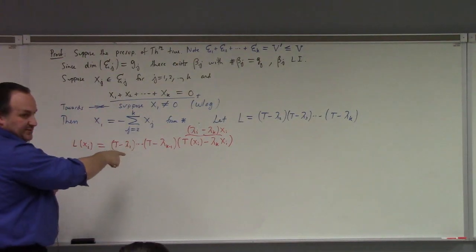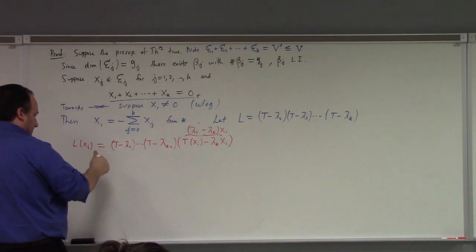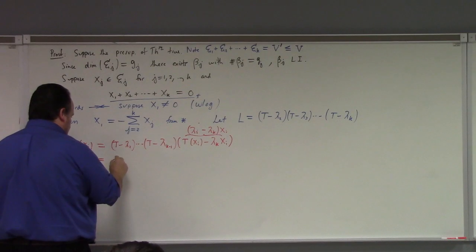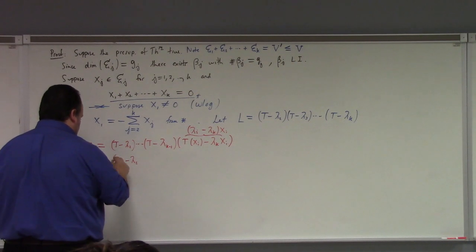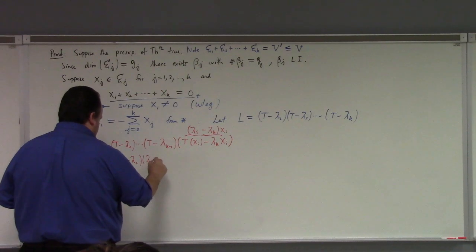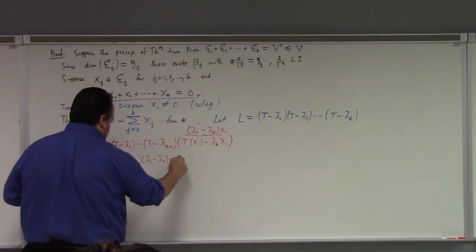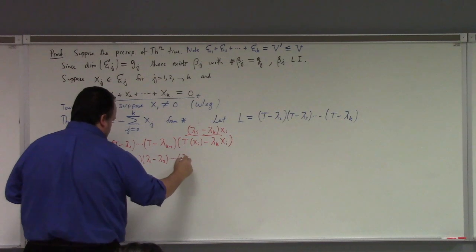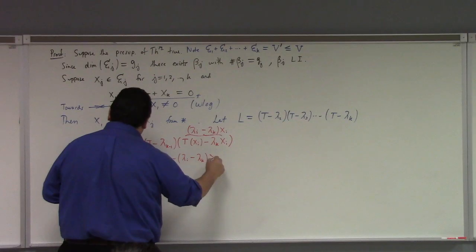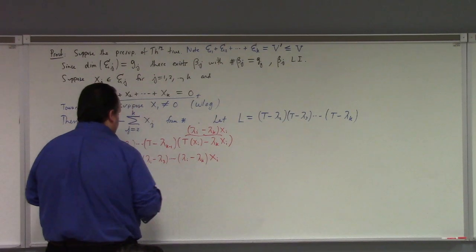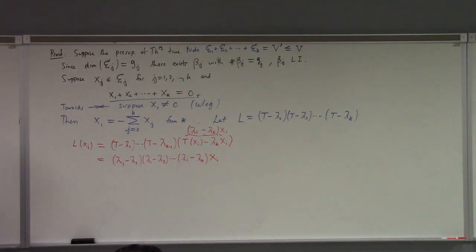That gets fed into the next one down, and so forth. Eventually we get all the way down to lambda i minus lambda 2, lambda i minus lambda 3, and so forth, lambda i minus lambda k, and of course the x sub i is still there. Now, what can you tell me about that scalar that we just found? Is it 0? Is it non-zero? What do you think?